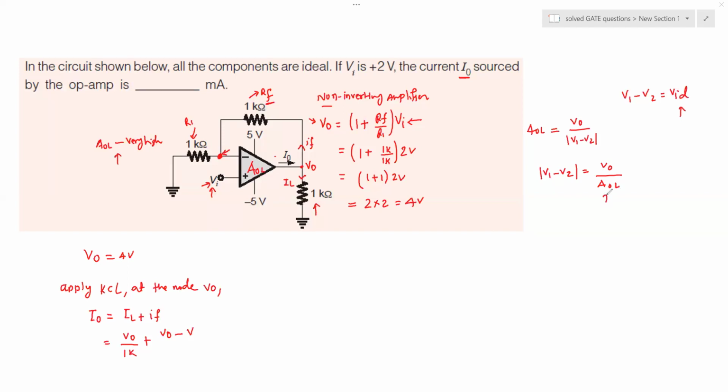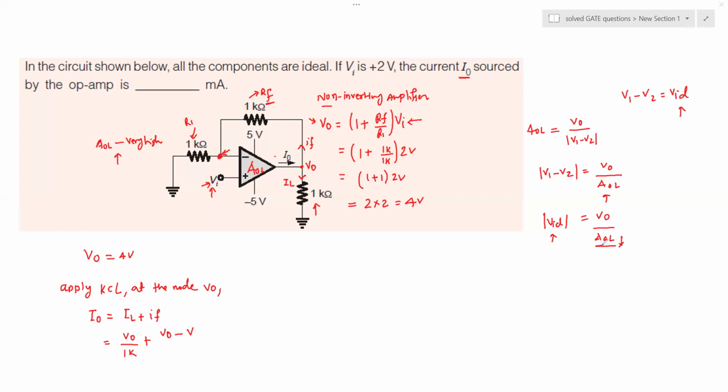If the gain is very high, in the ideal case we assume that the gain is infinite, so output divided by a very high gain makes this VID negligible. The difference will be very, very low if the gain is very, very high, and vice versa.